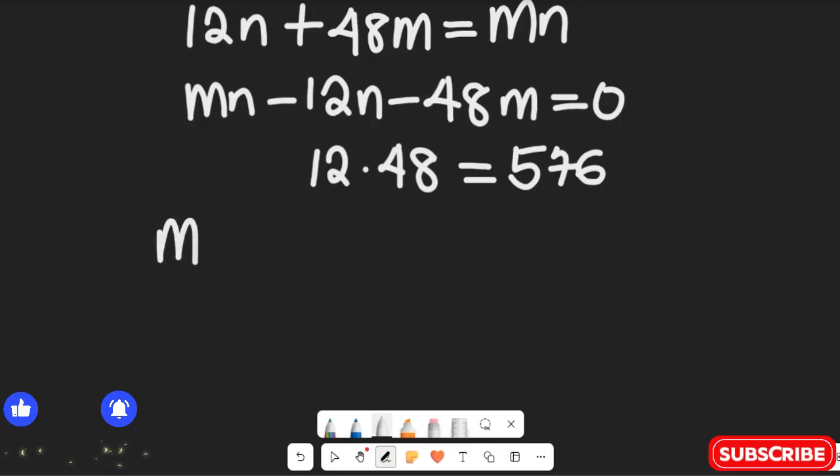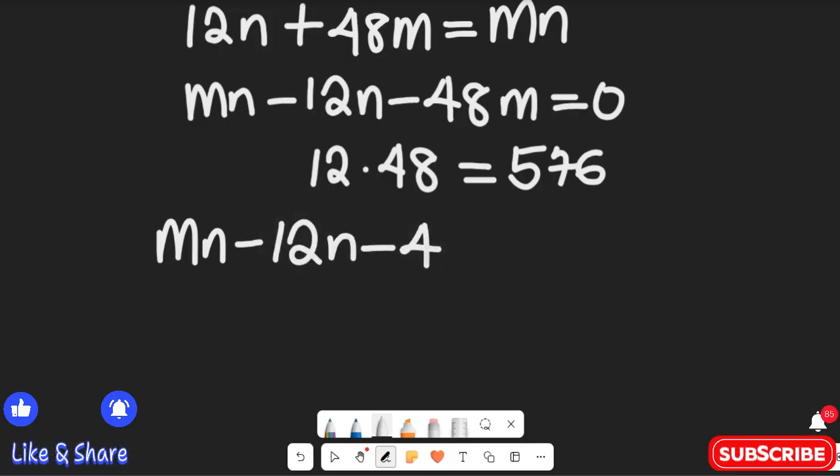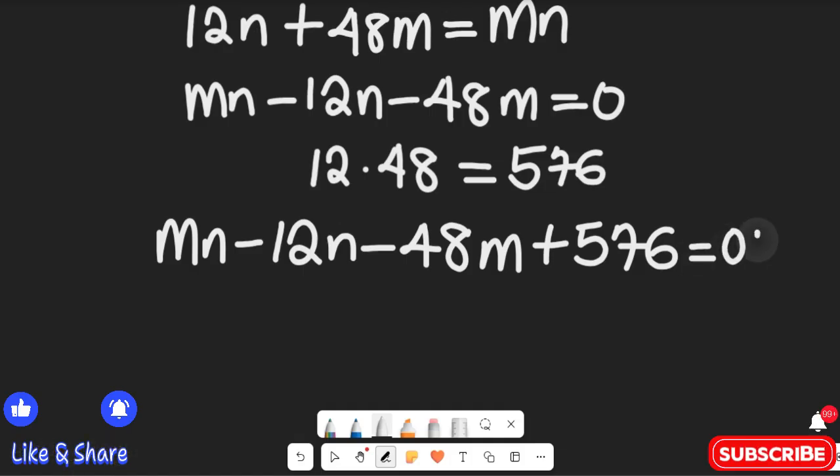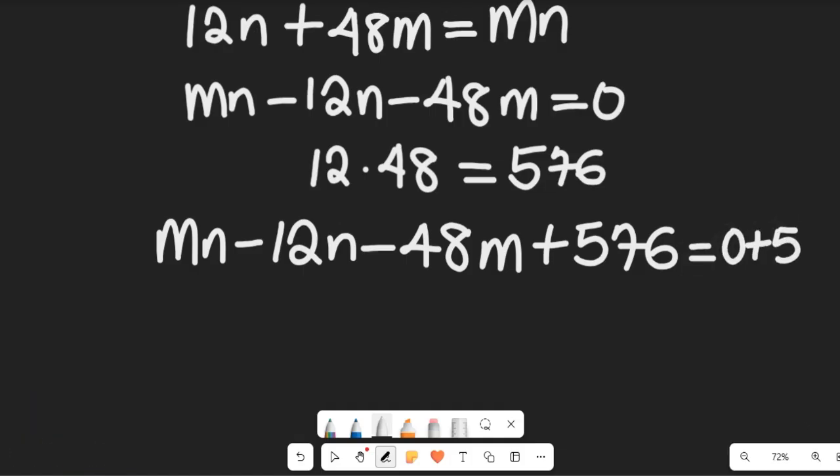Then I'll have mn minus 12n minus 48m plus 576, and this will be equal to 0 plus 576.